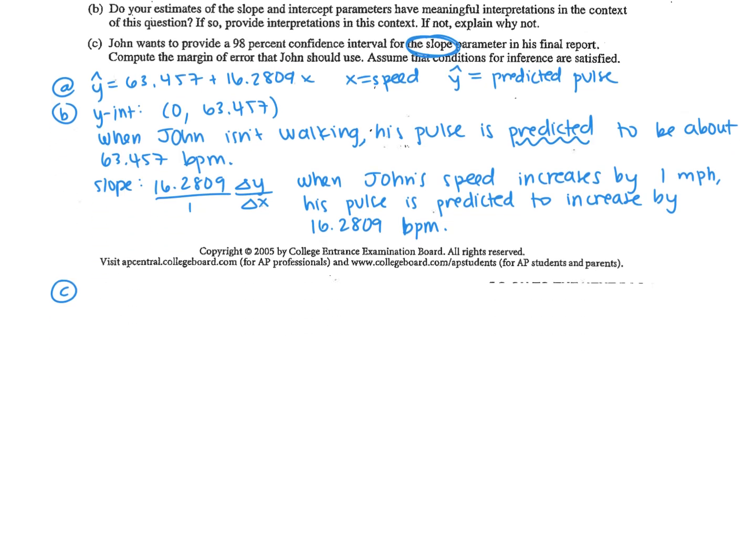Okay, so the idea for a confidence interval for slope is that it's always going to be statistic, so sample slope, plus or minus, slope uses t, and then it's standard error of the slope. Margin of error is everything after the plus or minus. So this is the margin of error.